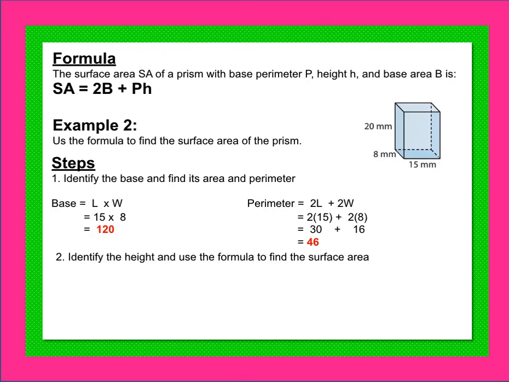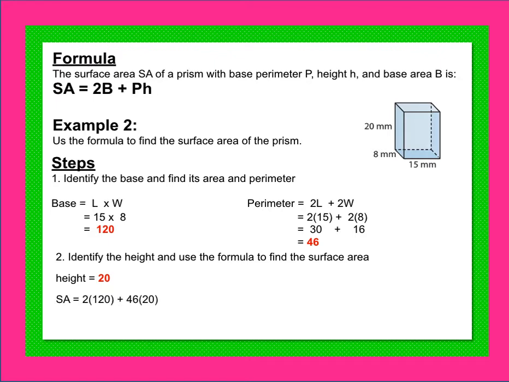Now, let's identify the height. 20 millimeters. Circle those 3 pieces of information. The area of the base is 120, the perimeter is 46, and the height is 20. Those are the key pieces of information to solve this problem using the formula.